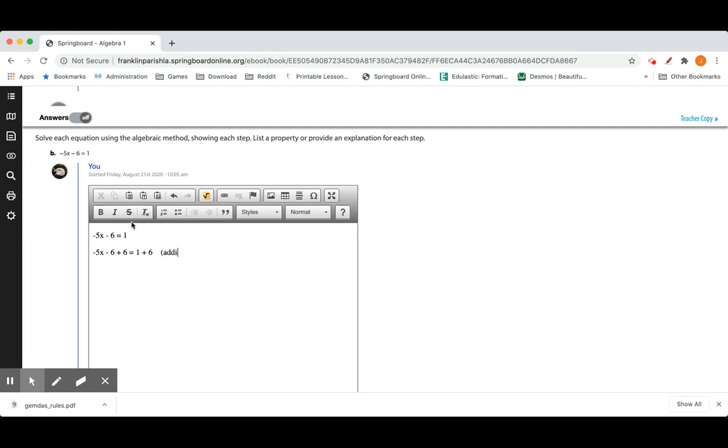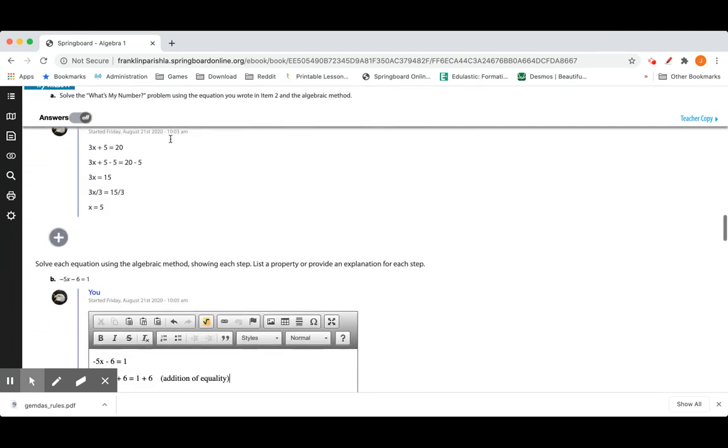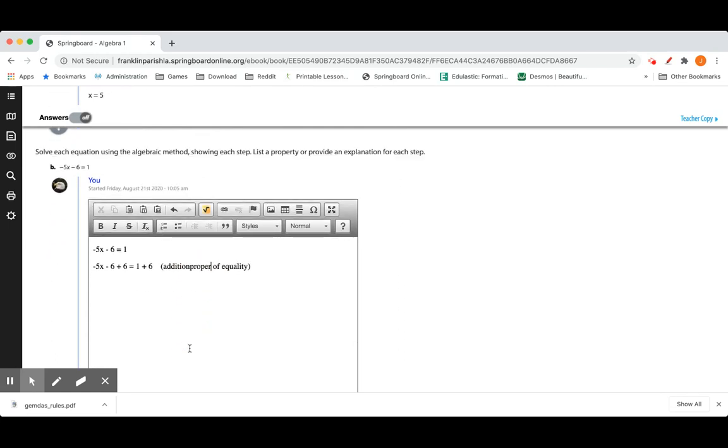And that can be our addition property of equality. All right, so that'll leave us with negative 5x, and that will be equal to 1 plus 6, which is 7.